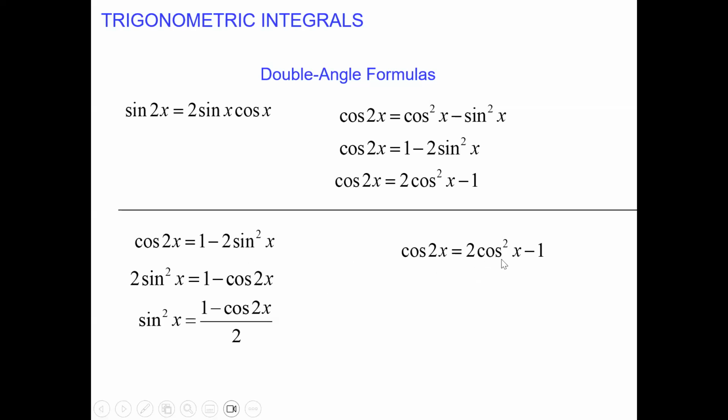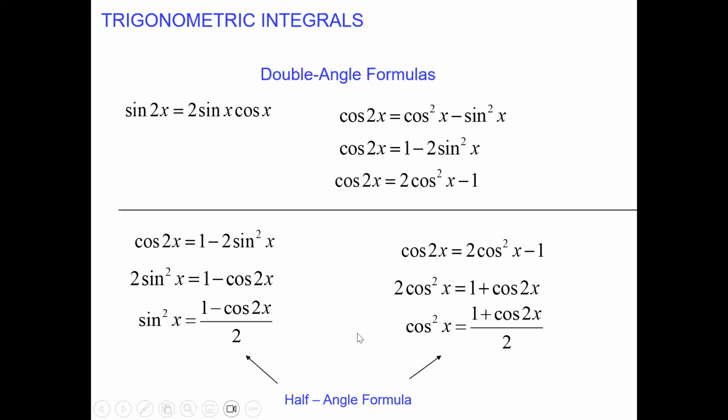Now let's do the same for cosine square of x. Let's solve it for cosine square of x: 1 plus cosine of 2x over 2. Please notice that the sine formula has cosine of 2x and the cosine formula also has cosine of 2x. The only difference is subtraction, addition. Since this is one single x, and this is double, then x is half of this angle.